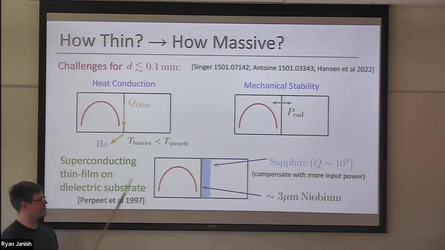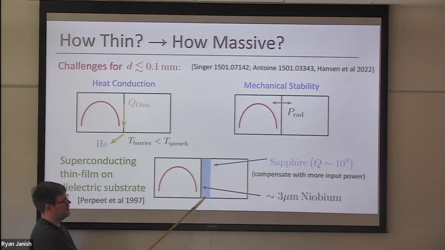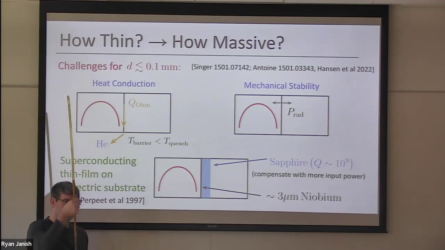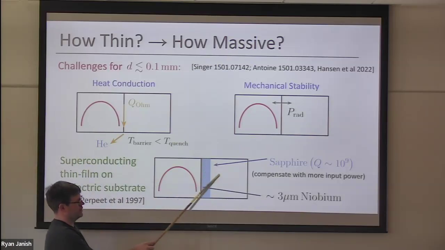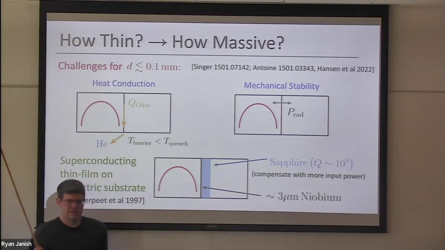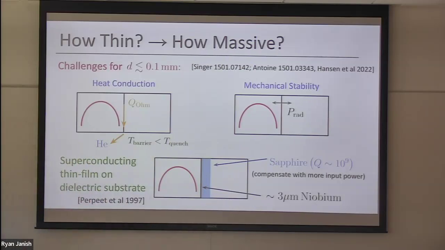So we can put a dielectric here, which doesn't screen fields, but it will allow heat flow. It will provide stability, and then we plate onto it a thin layer of superconductor to do the actual screening. And plating superconductors onto dielectrics is an established technology. This would have the trade-off that the quality factor over here gets hurt by the sapphire, but it's a trade-off that you just live with. And then there are other more exotic ways of possibly getting around this.